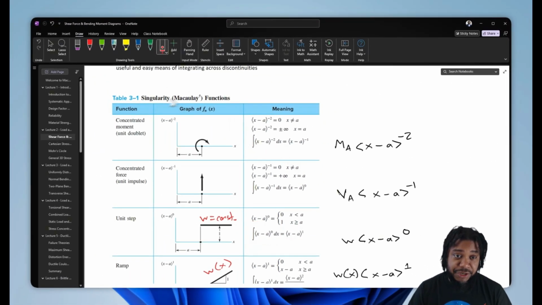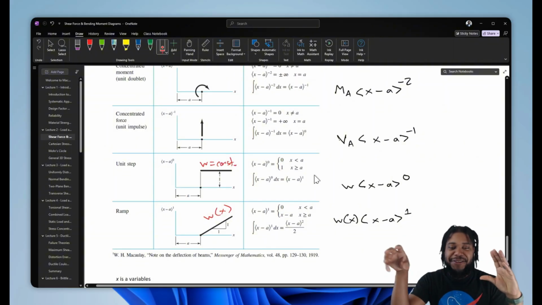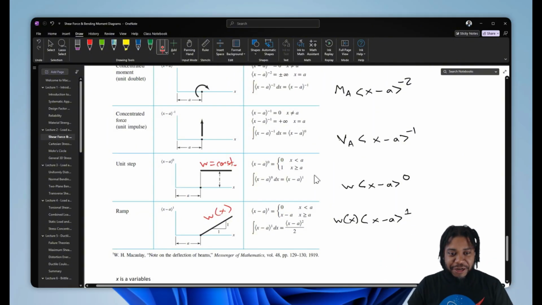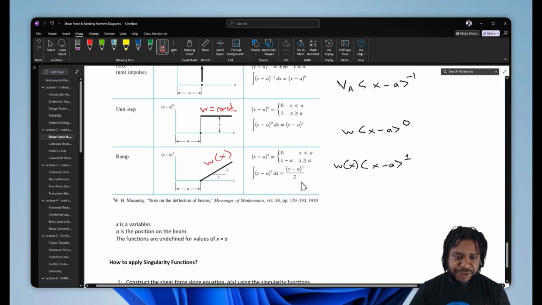So in essence, these singularity functions basically allow you to build, like Legos, your basic equation for the shear force diagram and the bending moment diagram. Now, it may seem a little bit complicated, but we'll do some examples in class in order to see how this works between the calculus approach and the singularity functions.